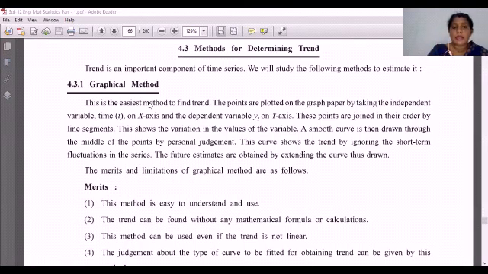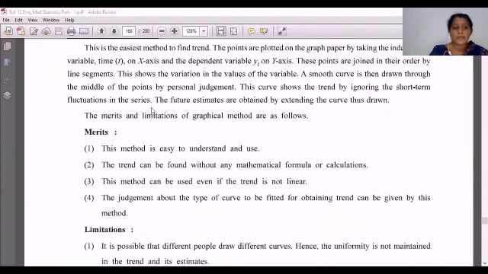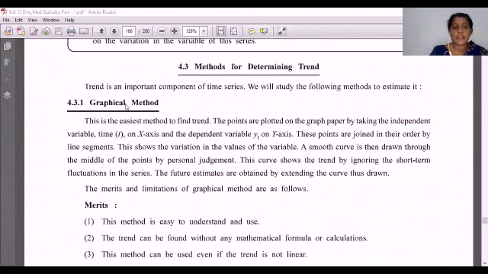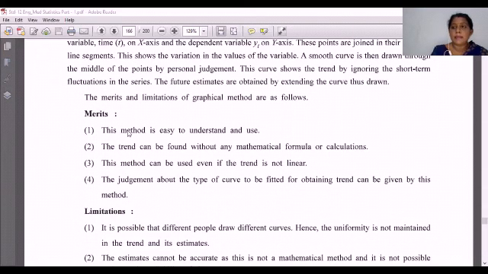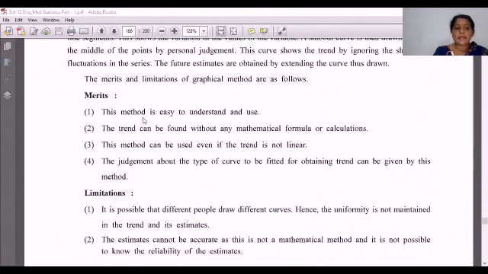What we write on the x-axis and y-axis: on the x-axis we write the year, that is the time t, and on the y-axis we write yt, whatever is given. Right? That much only is given in this first paragraph. Now we'll see the merits and limitations. Okay. So the first merit is that this method is easy to understand and use.